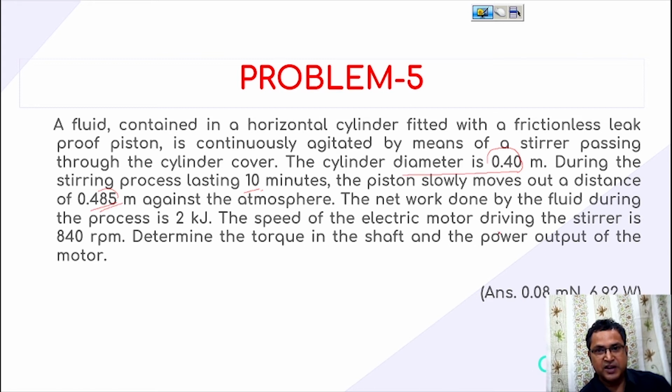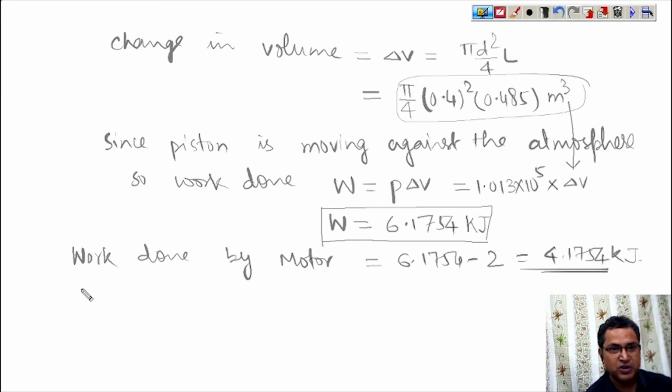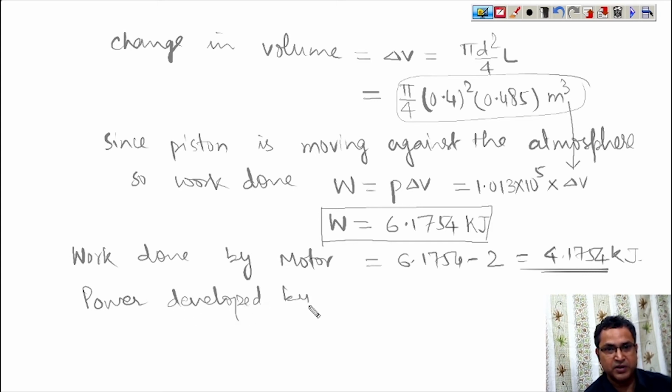The speed of the electric motor driving the stator is 840 rpm. This is the speed of the motor, and it lasts for 10 minutes. Then what is the power developed by the motor? So power developed by motor is nothing but 4.1754 into 10 raised to the power 3, and this is for 10 minutes.